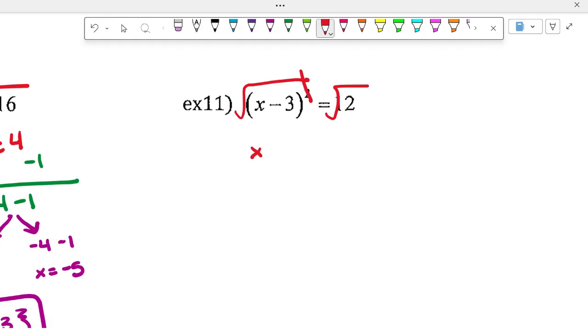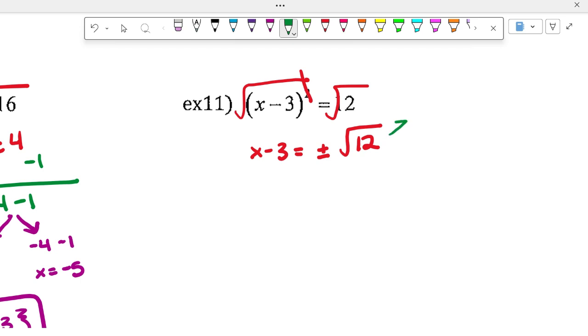I'm left with x minus 3 is equal to plus or minus the square root of 12. Now, before we move the 3 over, I would just go ahead and simplify the square root of 12 to get it out of the way. Because obviously when we add the 3 over, it can't actually be added to the 12 because 3 is not under a radical.